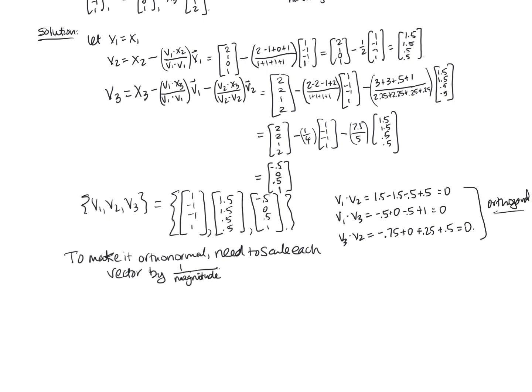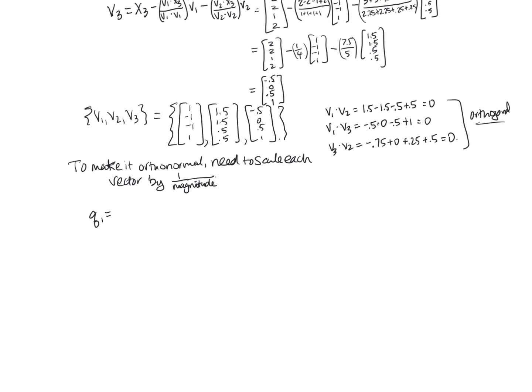So we'll call them Q1, the scaled version of this. So this is going to be 1 over the square root of 1 plus 1 plus 1 plus 1, multiplied by 1, minus 1, minus 1, 1. So the square root of 4 is 2, so it's going to be 1/2, minus 1/2, minus 1/2, 1/2. And that is now a unit vector.